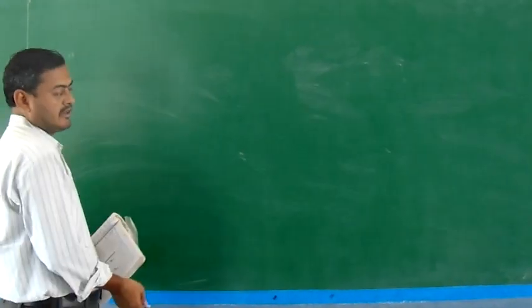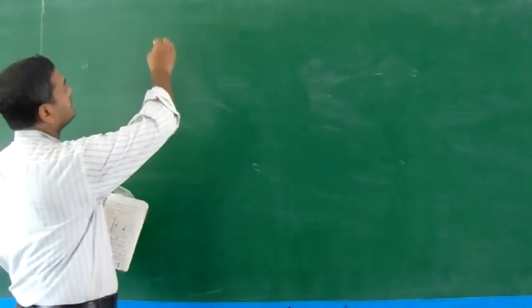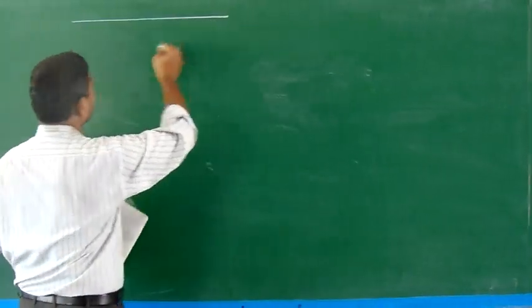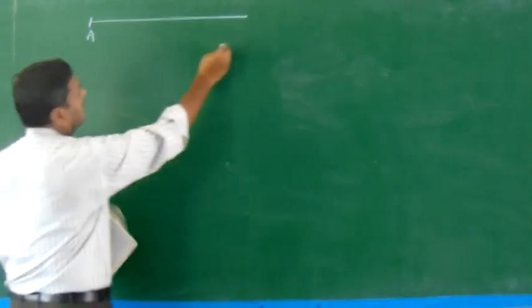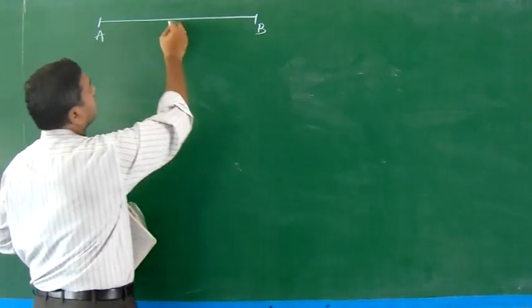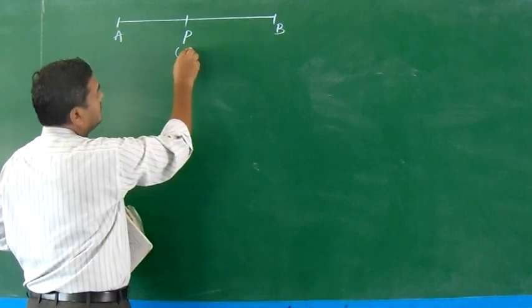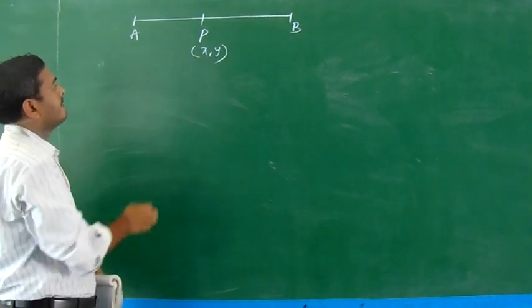Today I am going to explain the section formula. This is A, this is B. Divide the point P(x, y).